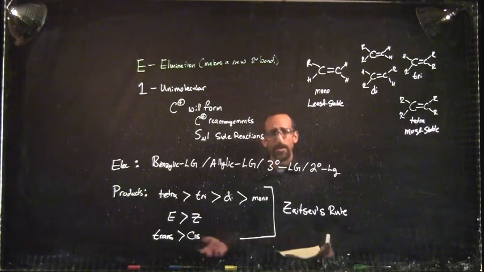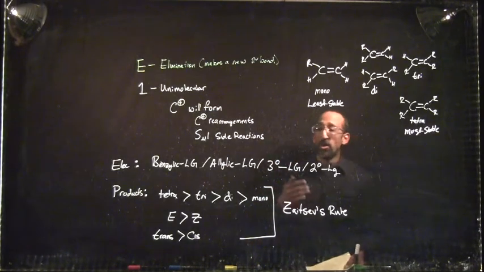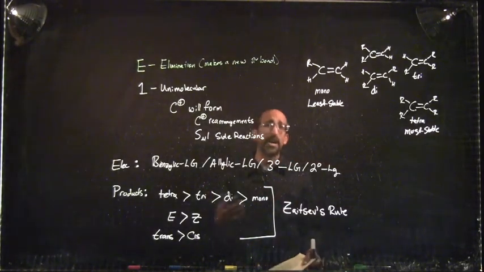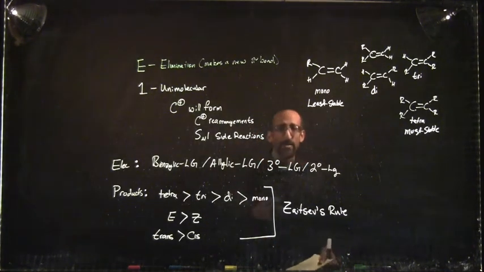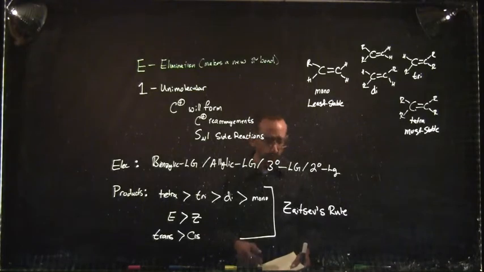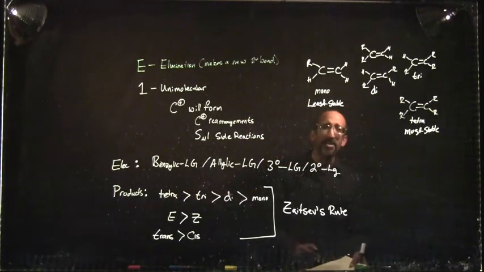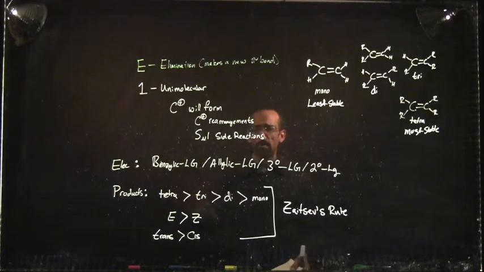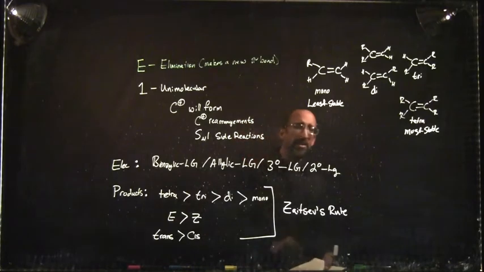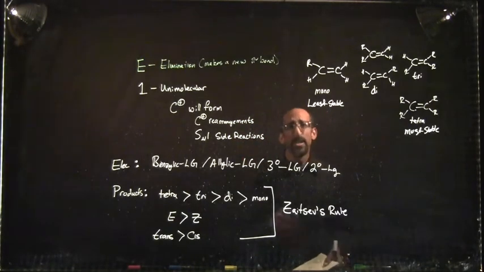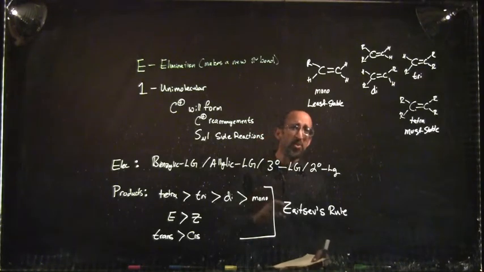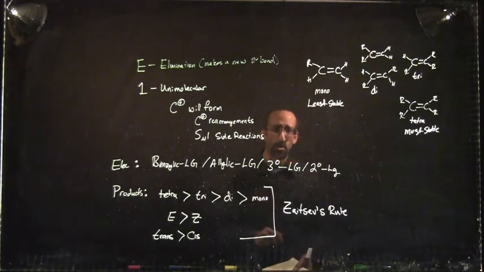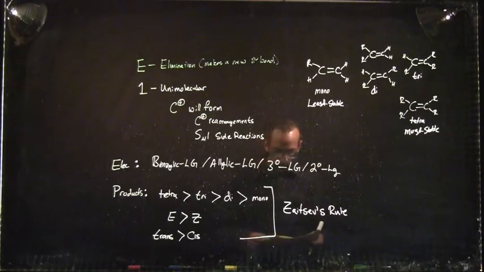Zaitsev was a Russian chemist a long time ago who noticed this trend characterizing the products that resulted from E1 type eliminations and found that these trends tend to hold true. So the preference of formation of our products, we call Zaitsev's rule. In E2, we're going to see a different type of product and a different rule that's going to play a role there as well, but we'll save that for after fall break.